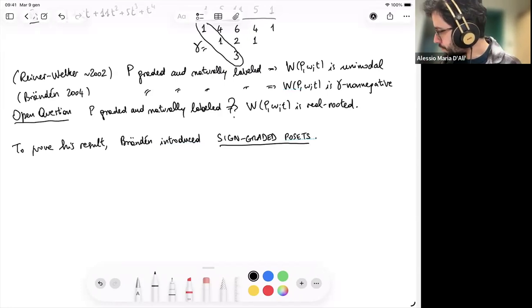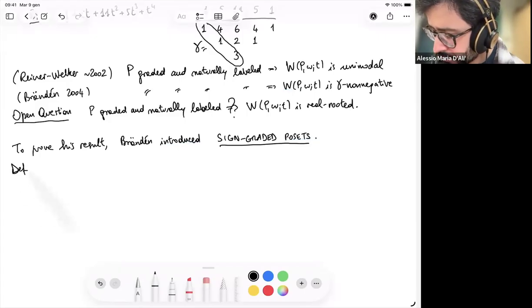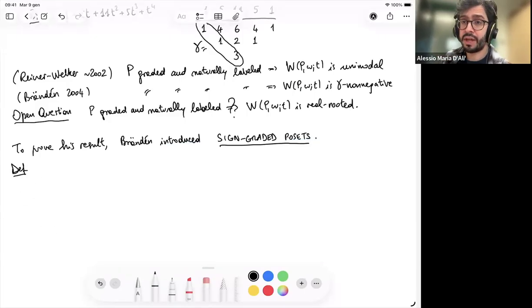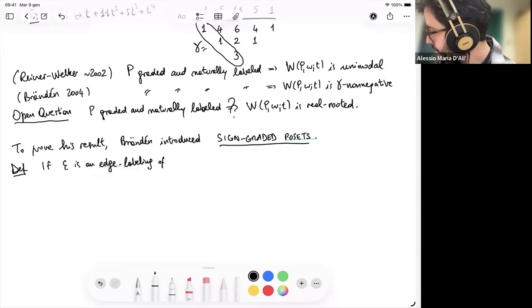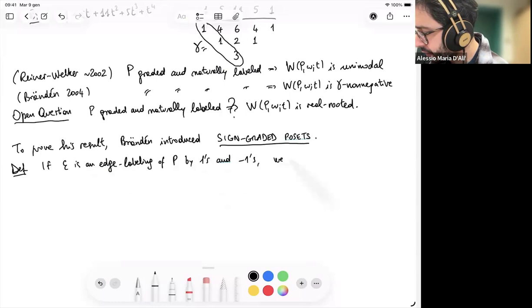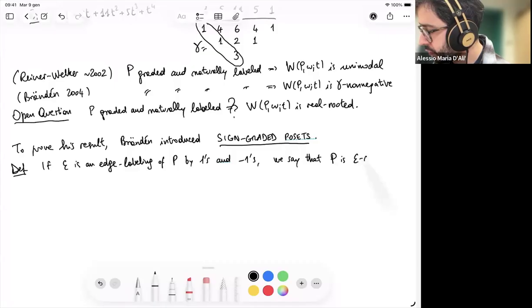Okay, so what is that? I'm going to state this in terms of edge labelings instead of vertex labelings. You can do the translation if you are in the right hypothesis. So assume that you have some edge labeling by ones and -1s. Then we say that the poset P is epsilon graded.